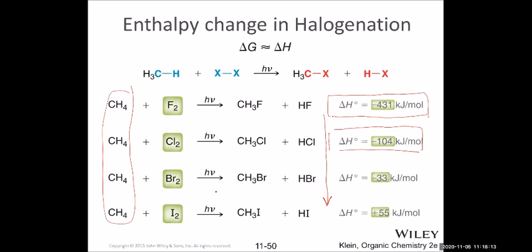When iodine tries to react with methane, the reaction should not move forward because the forward reaction is not spontaneous; you get a positive delta G. Up to bromine, you have a small but not too small equilibrium constant, so the equilibrium favors the halide product up to bromine, and iodine will not be favorable for the reaction.